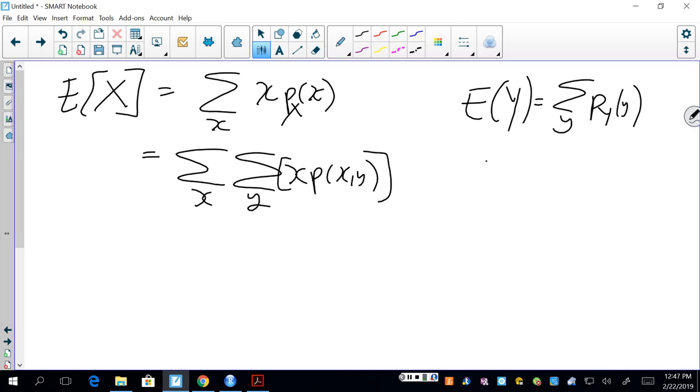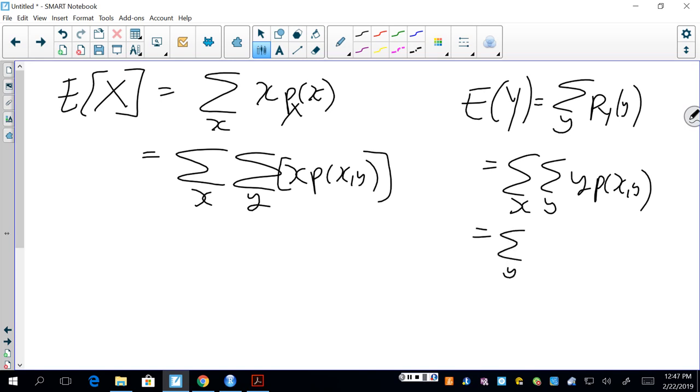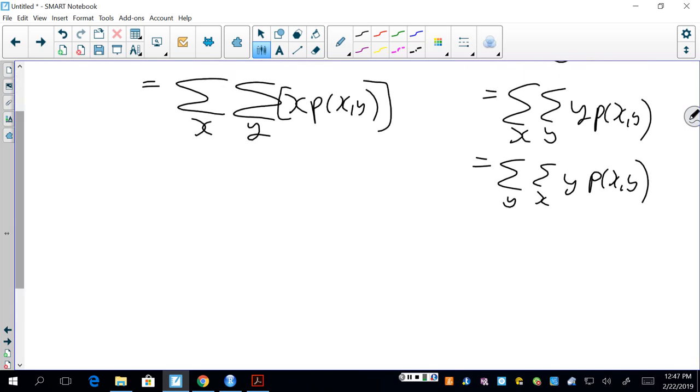But this thing is a sum over the pairs of the value that y is taking on times the joint probabilities over here. And you can change those orders: probability of x and y. If that inner sum is over x, well, y is actually constant in terms of x.